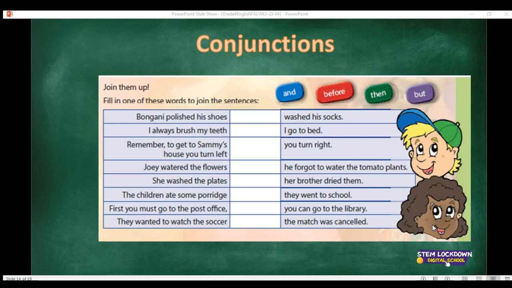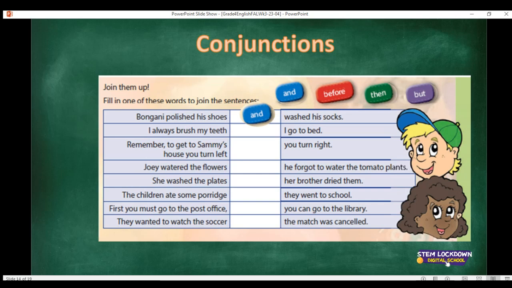So which joining word am I going to put? And, before, then, or but? So I'm going to use Bongani polished his shoes and washed his socks.